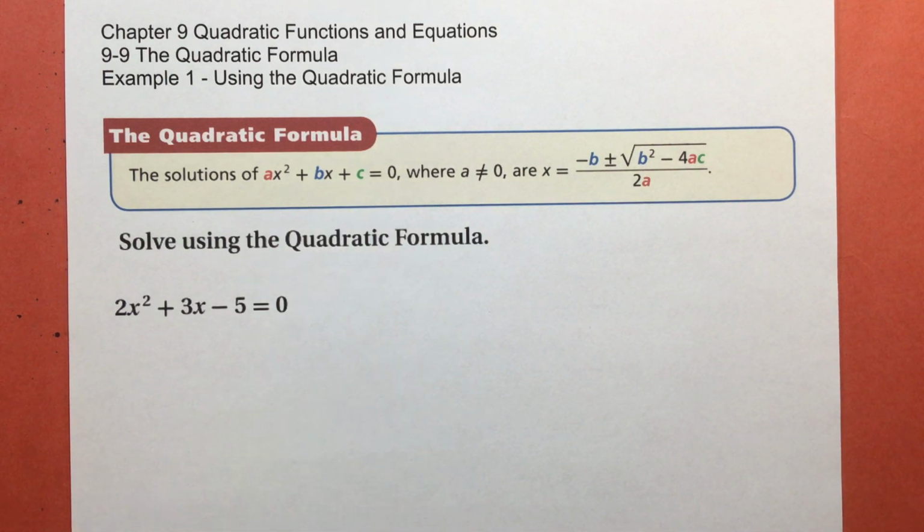In the book, there's a side-by-side example where you're using numbers, and right next to it you're using the parameters a, b, and c. But essentially you complete the square, you do some common denominator work, and you take the square root, and then you solve, and you end up with the quadratic formula.